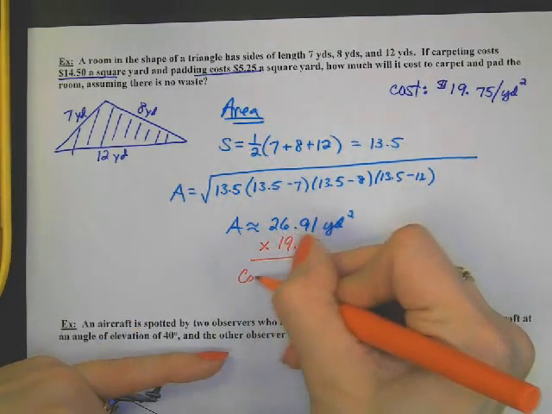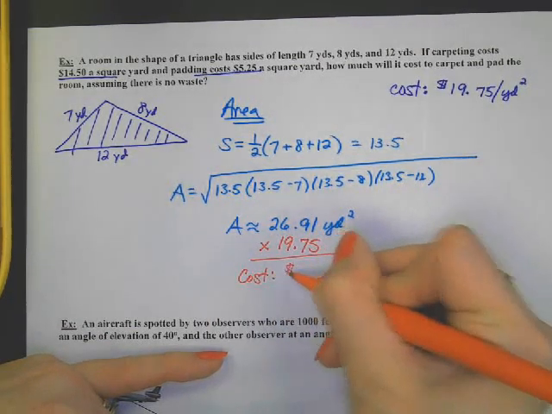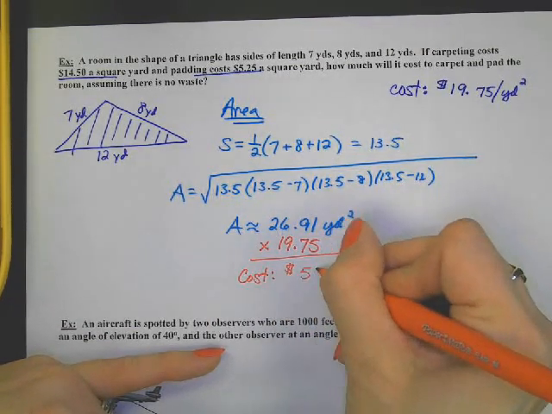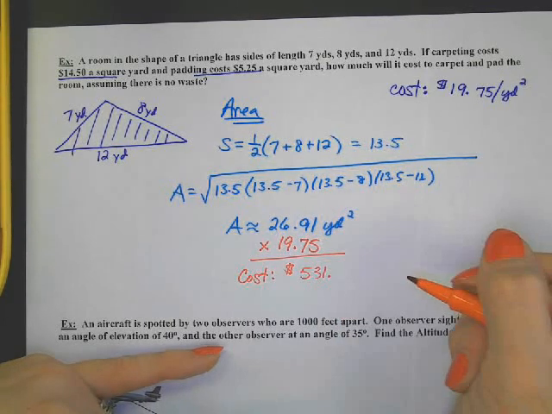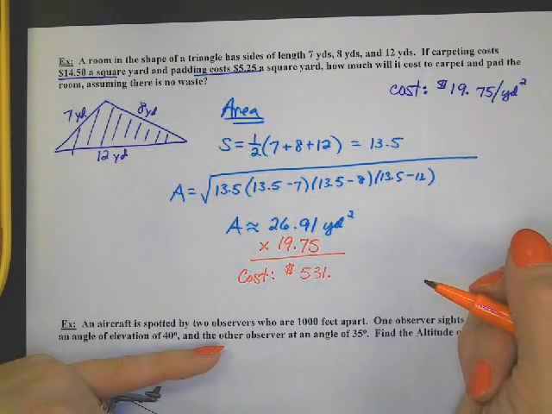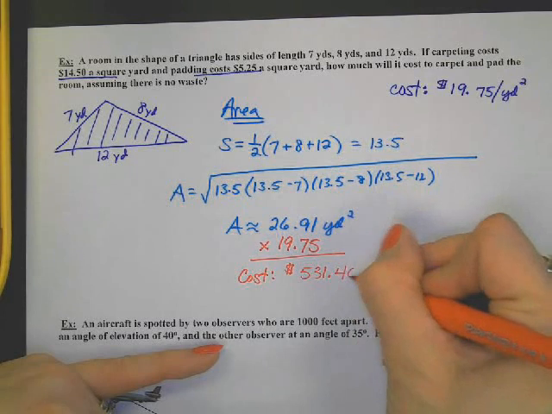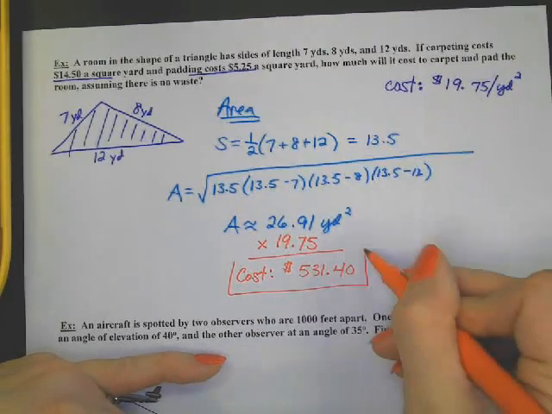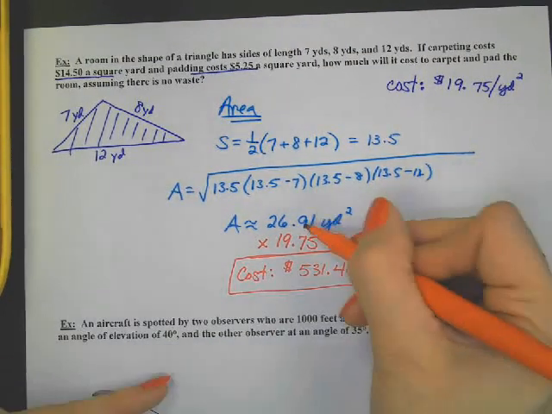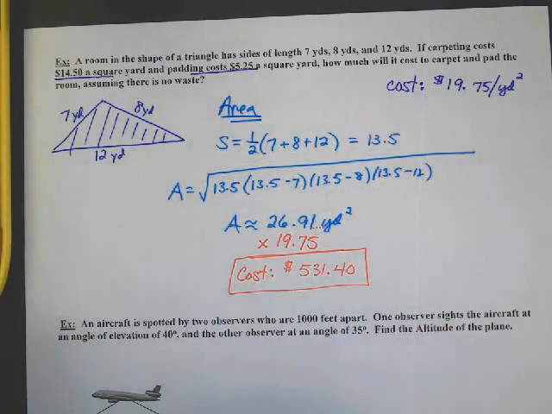So the cost is $531.40. Because there's some more decimals here, dot, dot, dot, that I kept in my calculator, so I didn't chop until the very end.